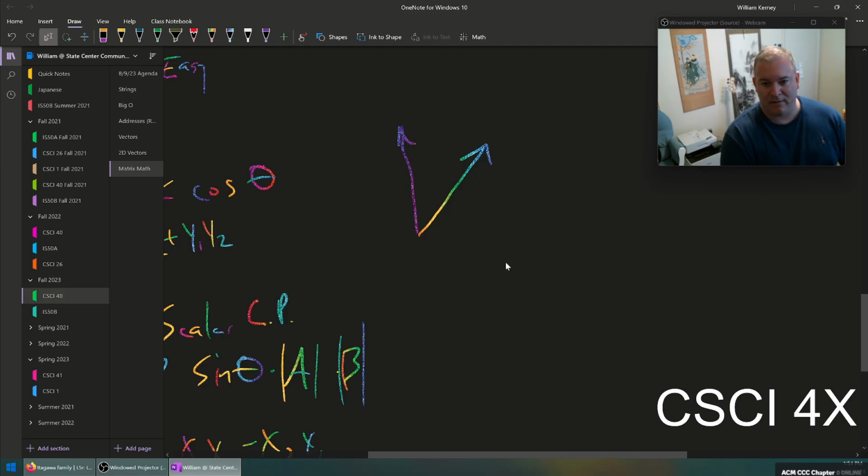So if we've got A over here, and we've got B over here, what the dot product will do is actually let us project A onto B. This is useful for things like shadows.